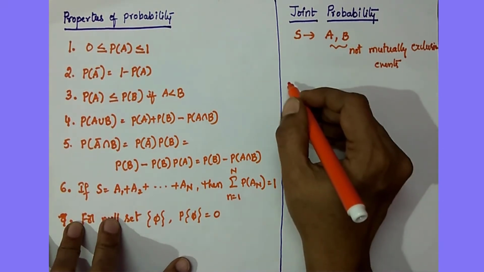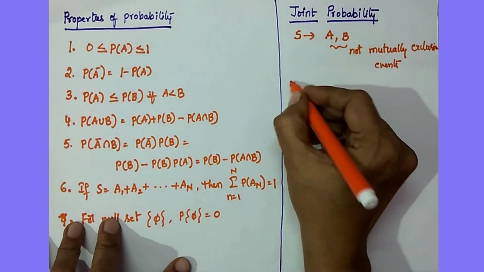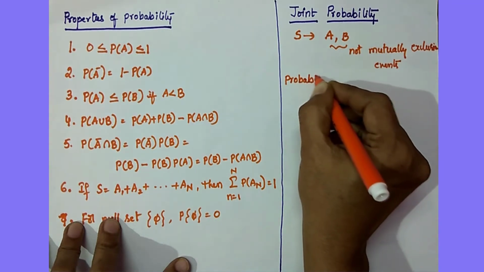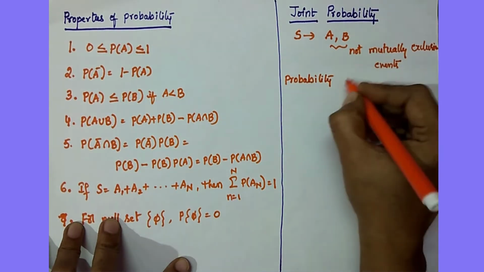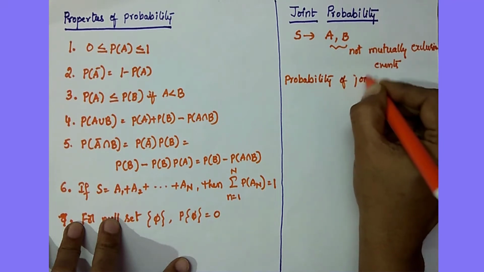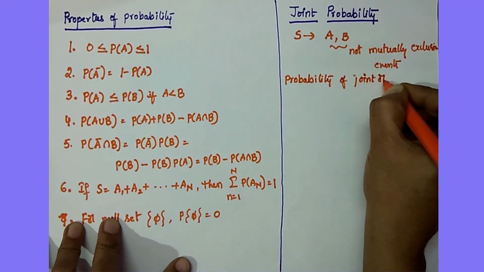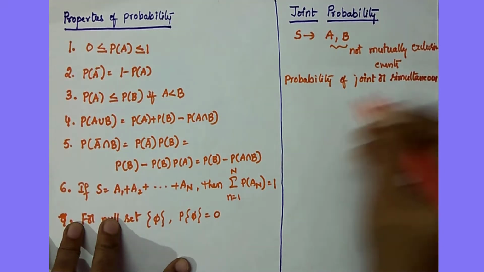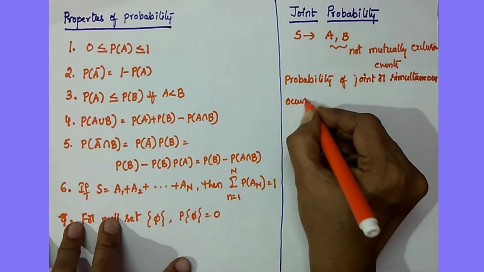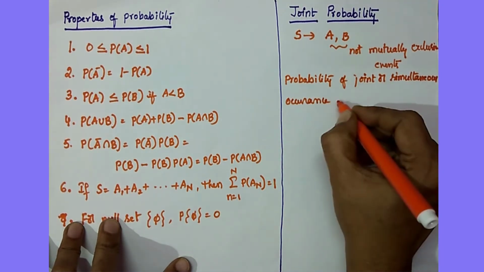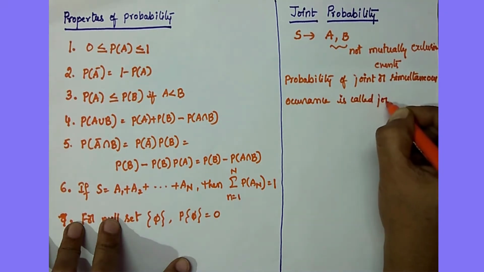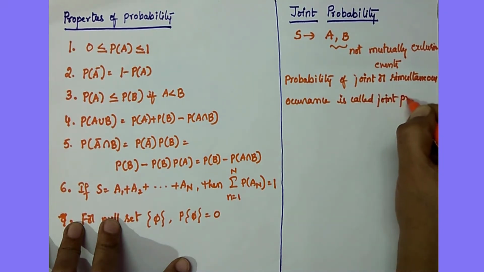Then the probability of joint or simultaneous occurrence is called joint probability.